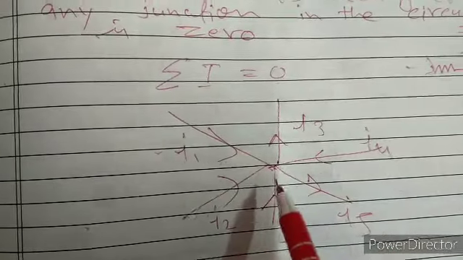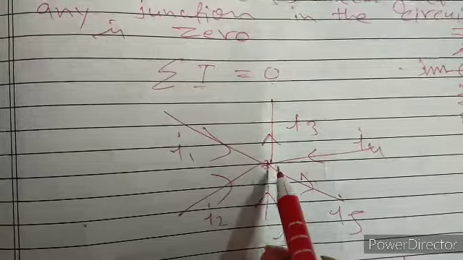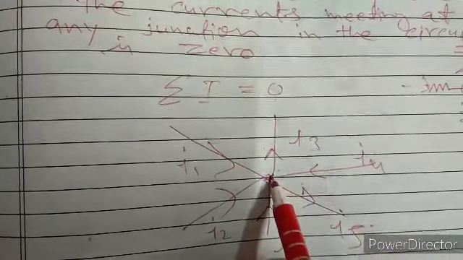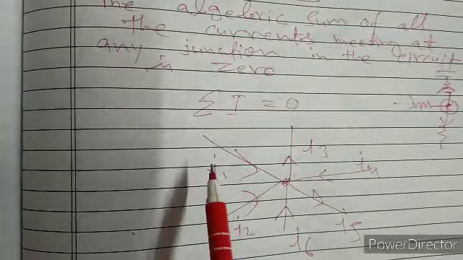Let us suppose that I1 current is coming to a junction, I2 is incoming, I3 is outgoing current, I4 is incoming current, I5 is outgoing current and I6 is incoming current. Then algebraic sum means what? If incoming current we consider positive, then outgoing currents we have to consider negative.